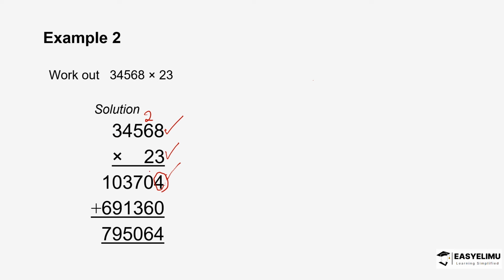Here you'll not do the addition first. You will multiply first, then you add. So you multiply 6 by 3 to give us 18. And remember, we have carried over 2. So 18 plus that 2 is 20. So 0, carry 2 again.